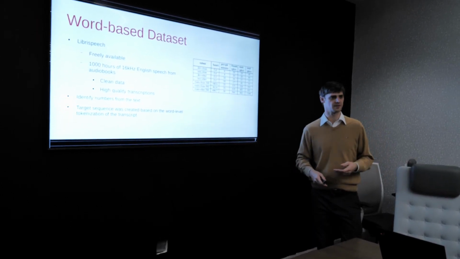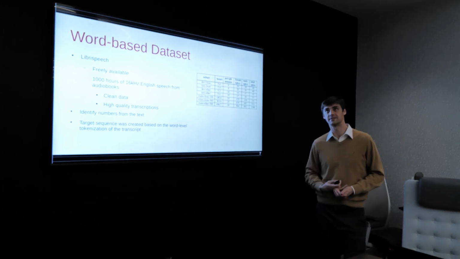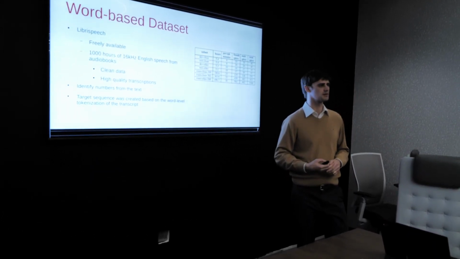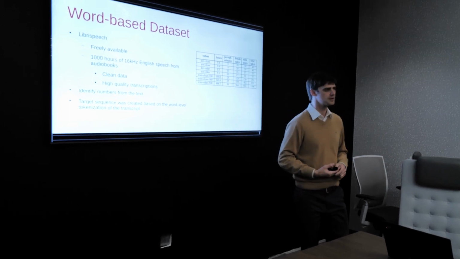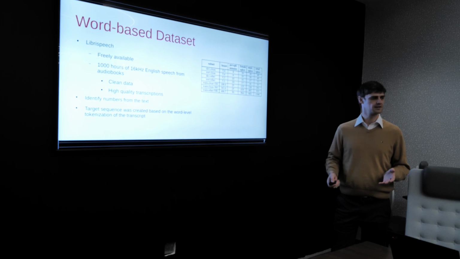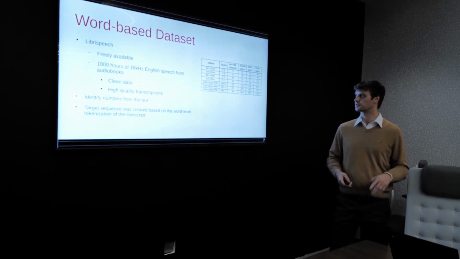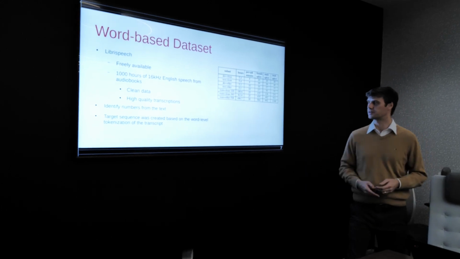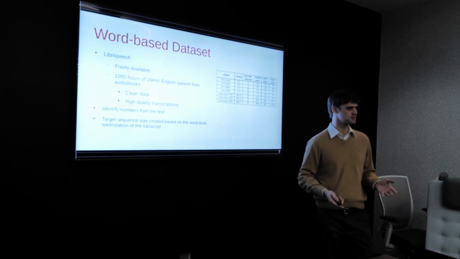So I'm working with LibriSpeech. It's a data set of many audiobooks, about 1,000 hours of recorded speech, freely available, 16 kilohertz sample rate, all English, and generally pretty clean with high quality transcriptions that I can trust.